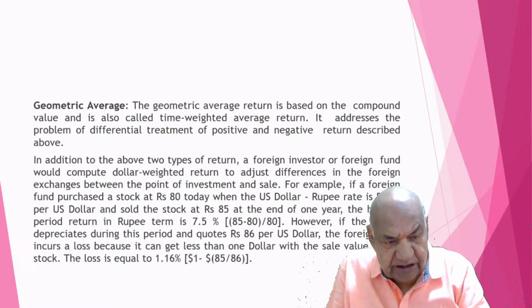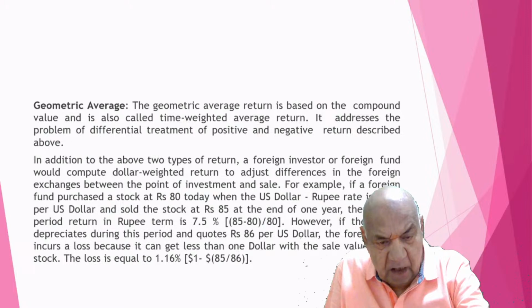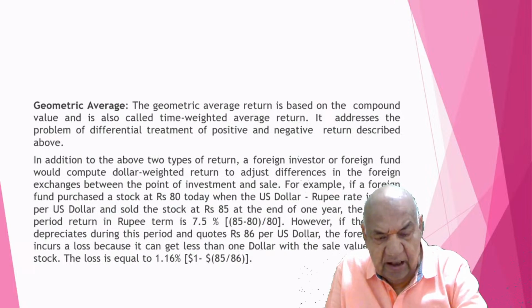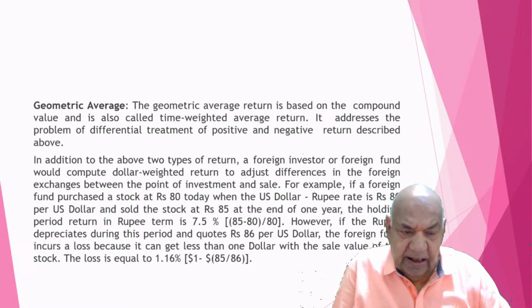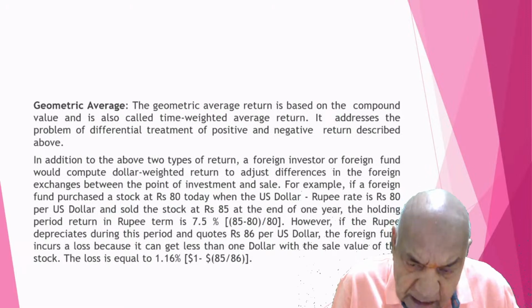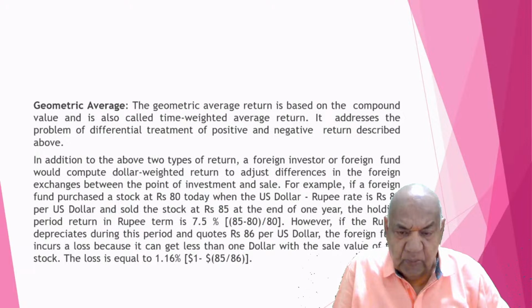7.5%, which is calculated by finding the difference of 85 and 80, that is 5, and dividing by rupees 80: 5 upon 80, it comes to 7.5%.